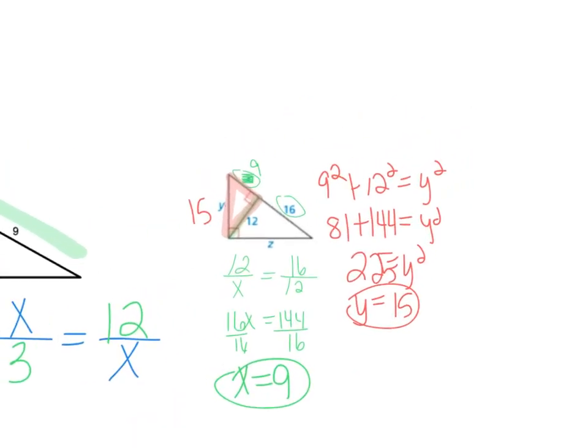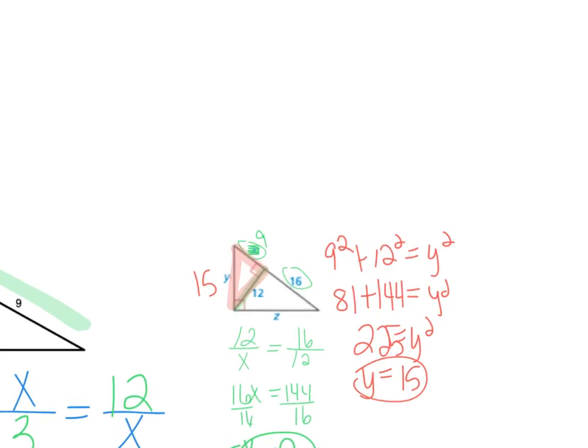I'm going to do that up here a little bit. Another way to think about it is y is the geometric mean. My leg is the geometric mean of the two pieces that it touches. Well, it touches 9, and it touches the whole thing, which is 25.